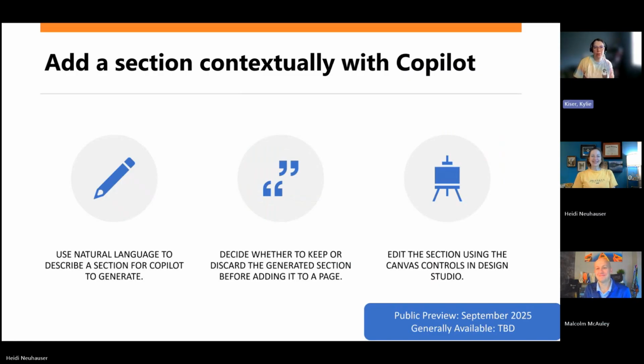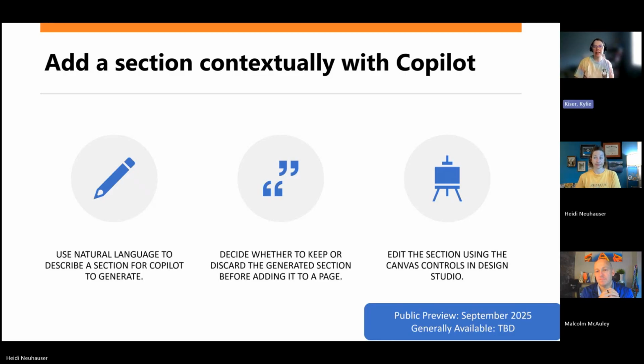Also, a new tip around adding sections contextually. There are lots of updates with Copilot across all the products. I'm going to be able to use natural language to describe the section, and Copilot will generate it. Then you decide what you want to keep or change, and of course, you can still edit it within the design studio and update it to fit your brand.